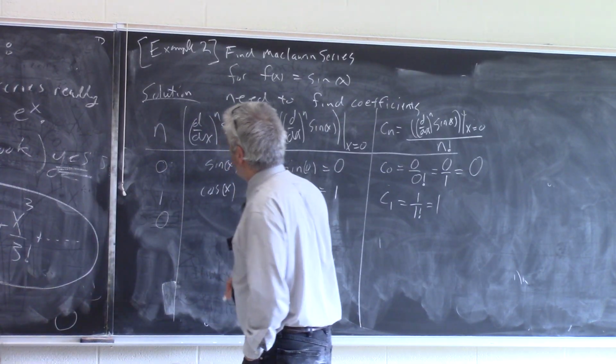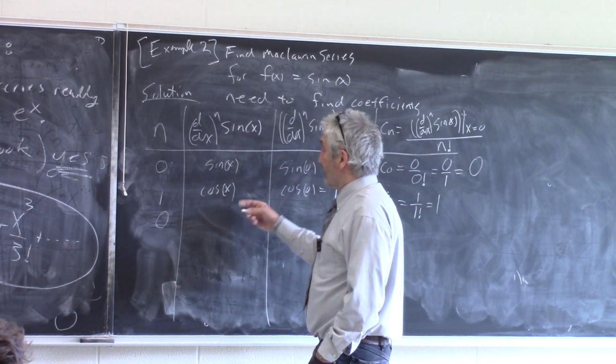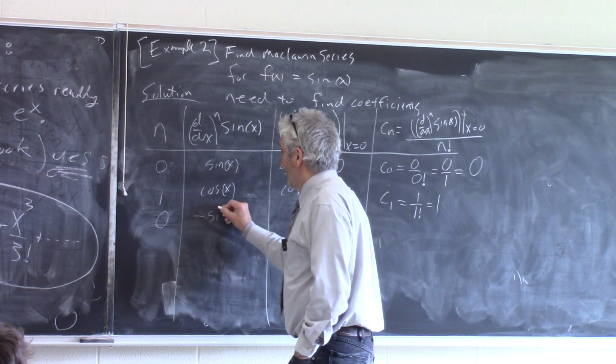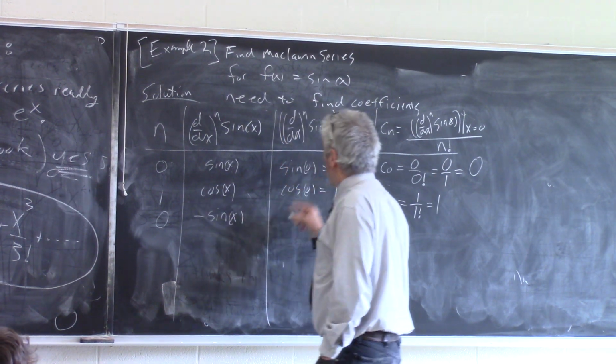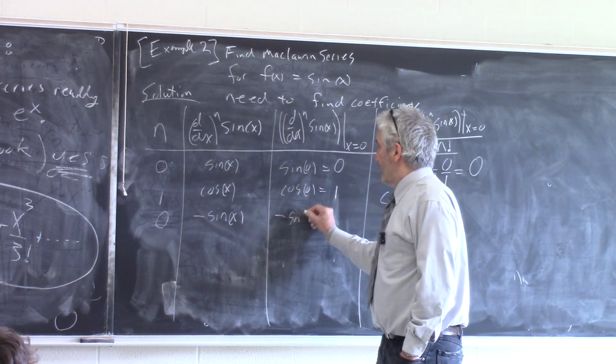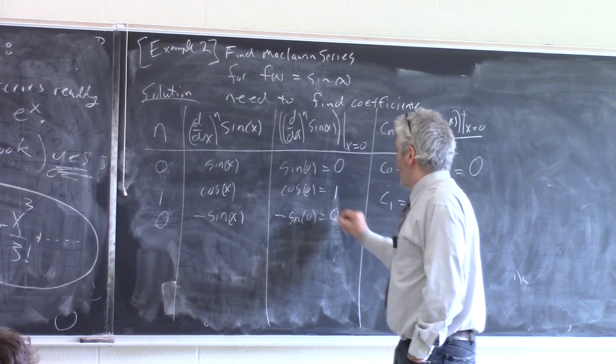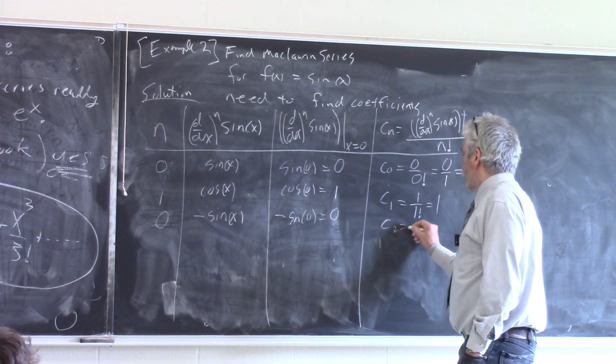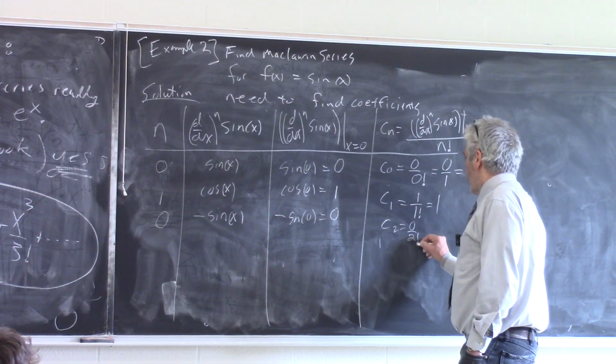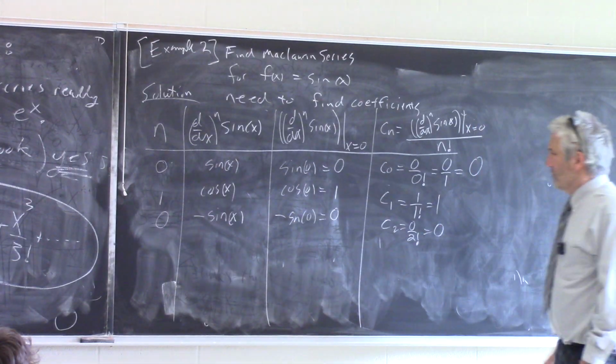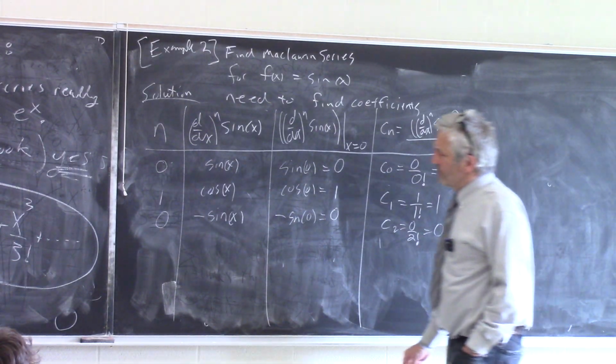When n is 2, I take the second derivative, so I take the derivative of cos, and I get minus sine of x. When I plug in 0, I get minus sine of 0, so that's 0. And so C2 is 0 over 2 factorial, so the number is 0. All right, let's keep going.